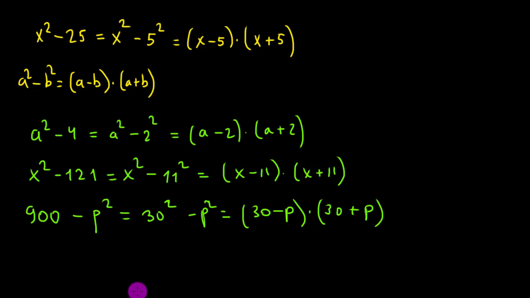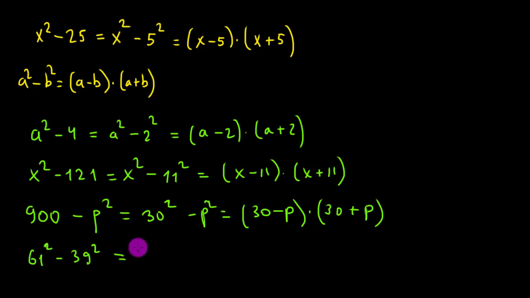Okay. Let me give you another example. Let's say you have this one, 61 square minus 39 square. Okay, so actually you could calculate this yourself, finding 61 times 61 and then minus 39 times 39, but it will take time. So here it will be much easier if you use this formula.